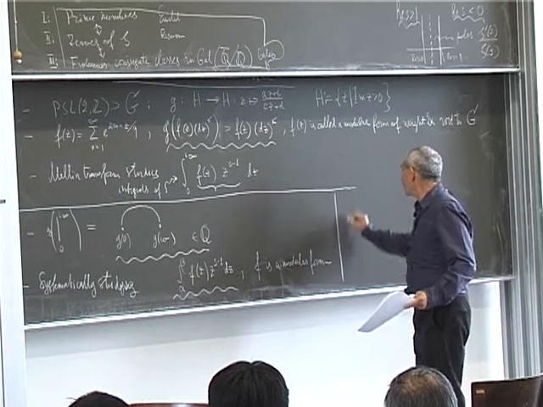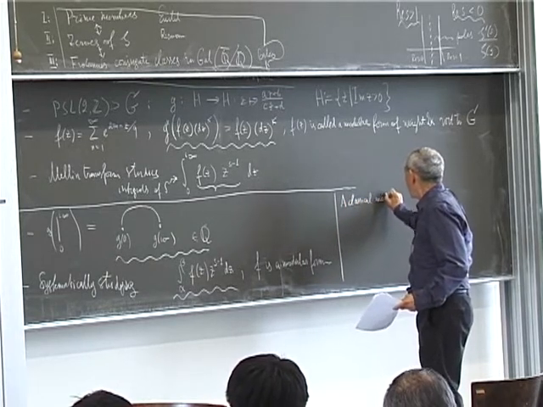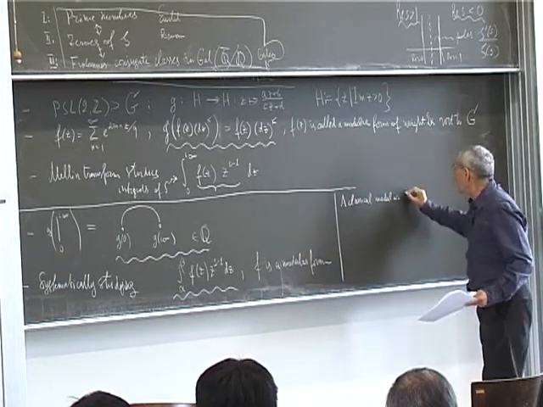So essentially, a classical modular symbol is an extremely simple, at least for PSL2.